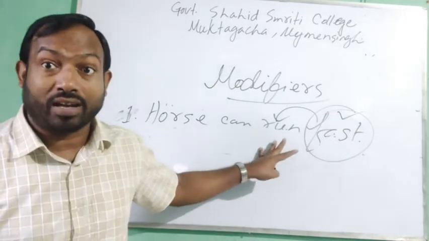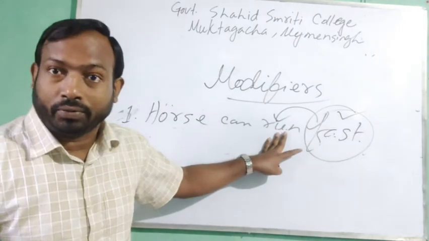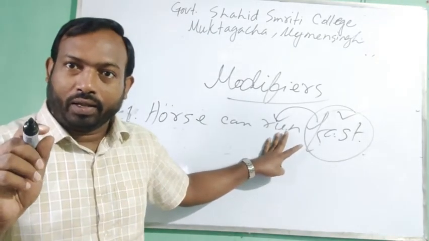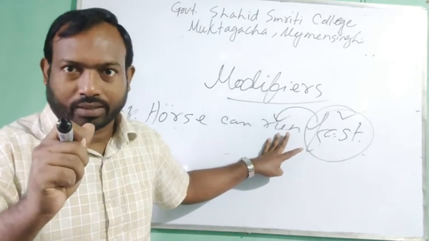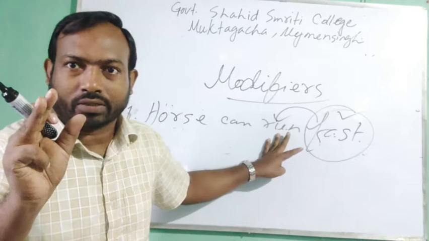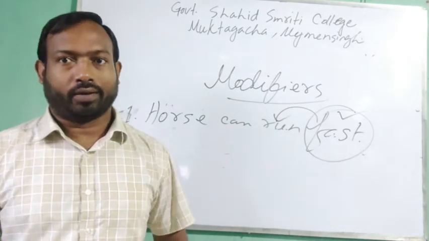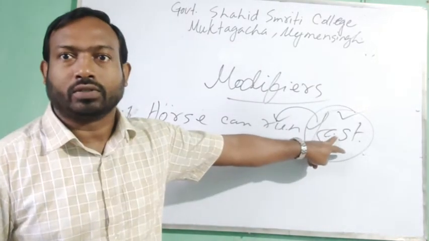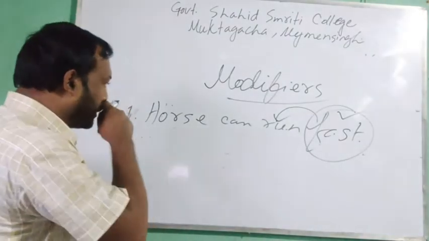We will have answers to any one of the three questions, and the answer will be a modifier. So here in horse can run fast, fast is a modifier. We can also give some other examples like this.